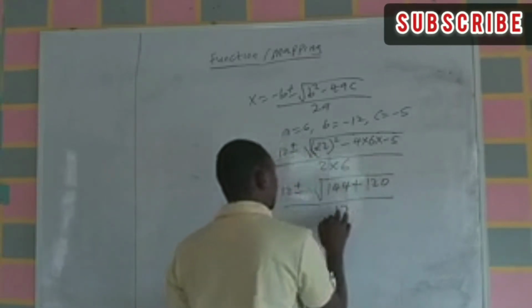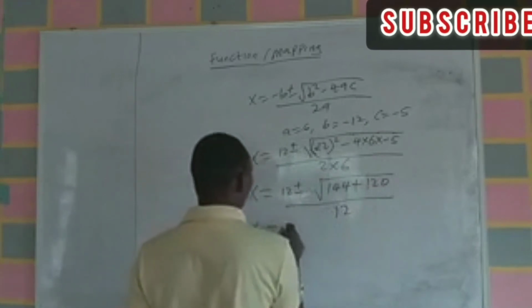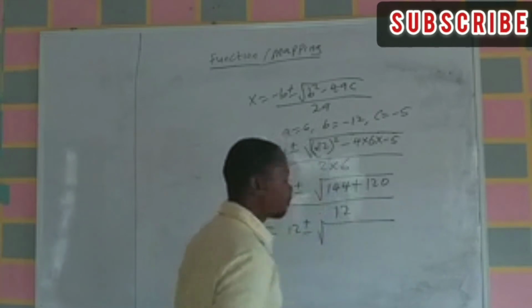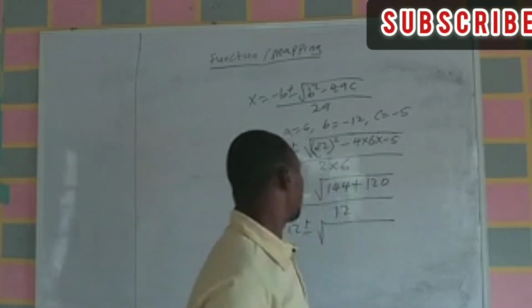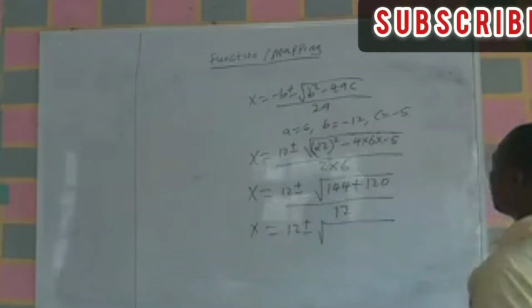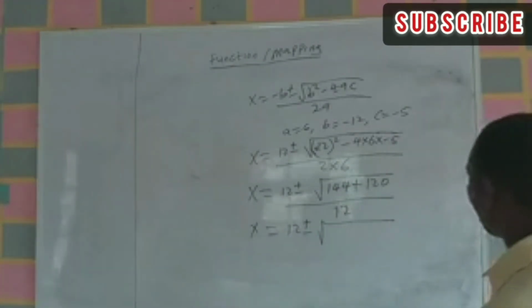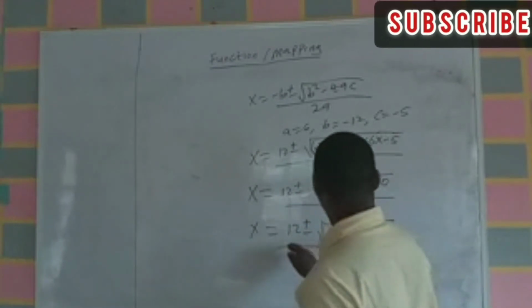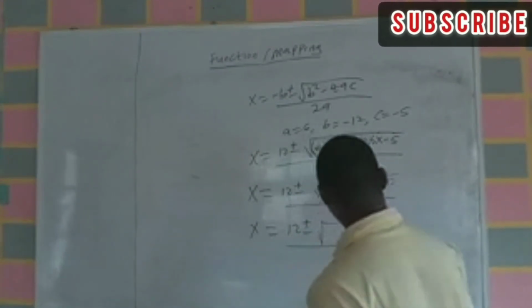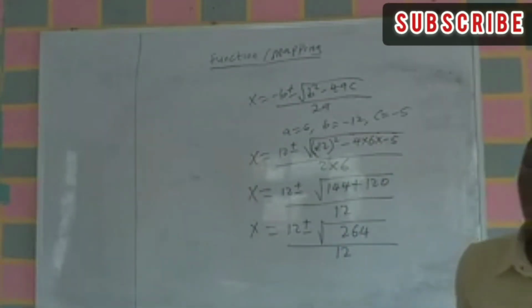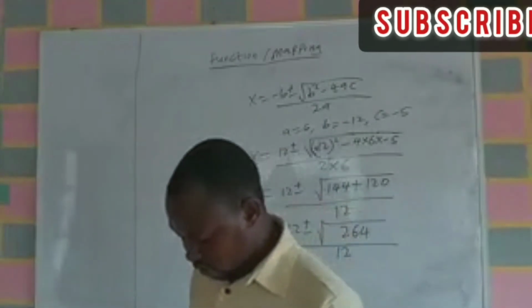Over 12. So s is equal to 12 plus or minus the square root of 144 plus 120. That means we have 264, over 12. So we are going to find the square root of 264.